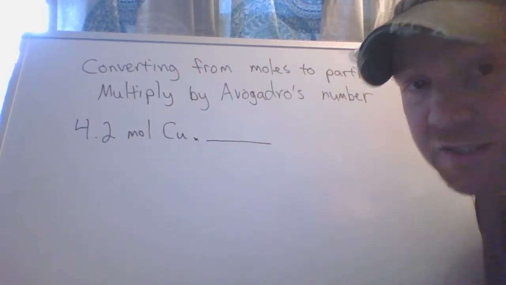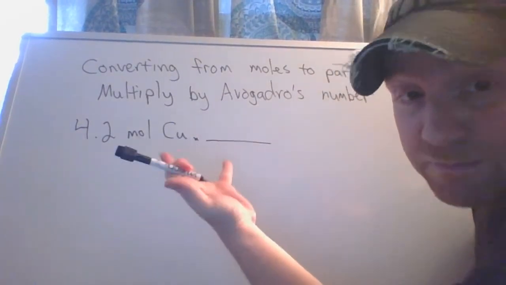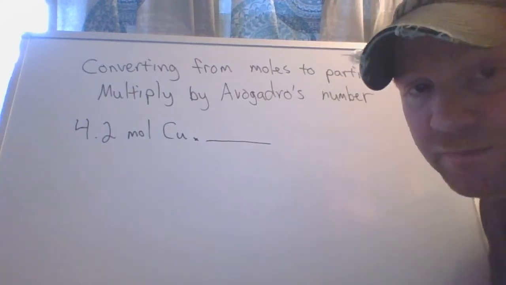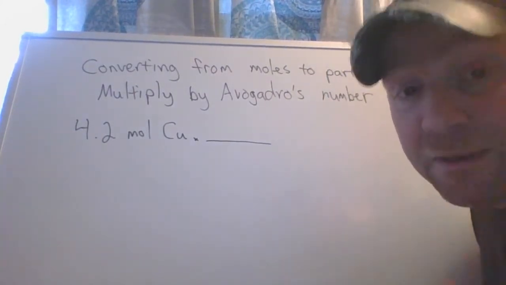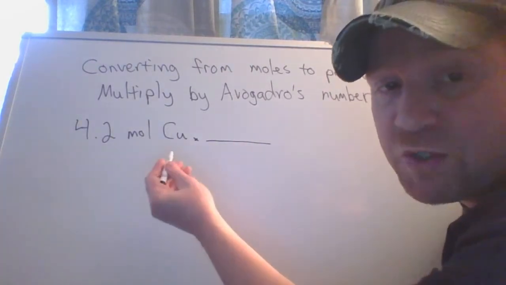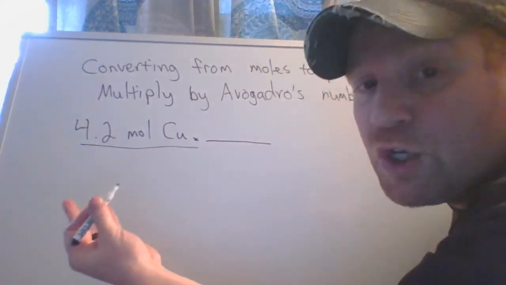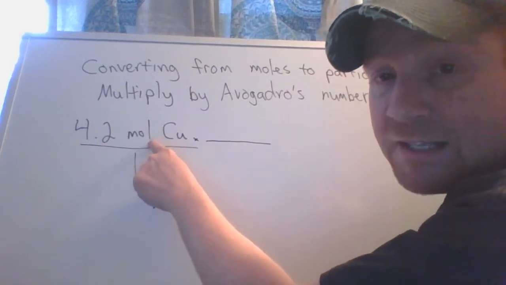Here's how it looks. Notice the fractions, notice the dimensional analysis. I told you this wasn't going away, but I wanted you to see me do it. What I'm doing right now is going from moles to atoms. 4.2 moles of copper. I wanted you to see me put this over 1. It's in the numerator. That's our initial measurement, but it's in moles.